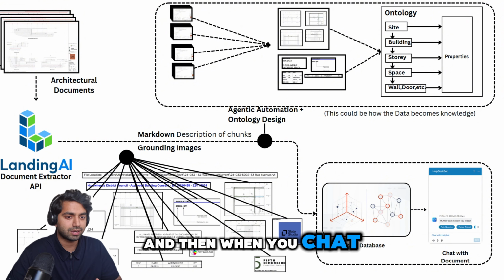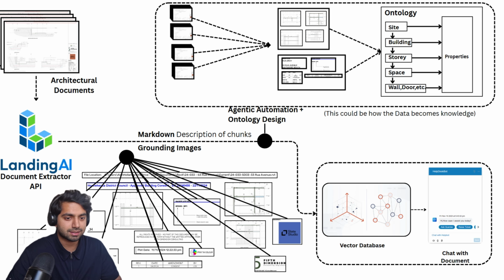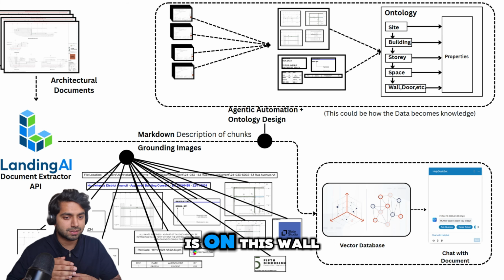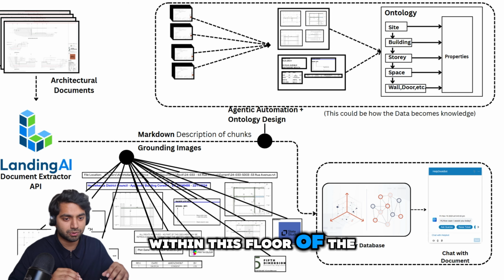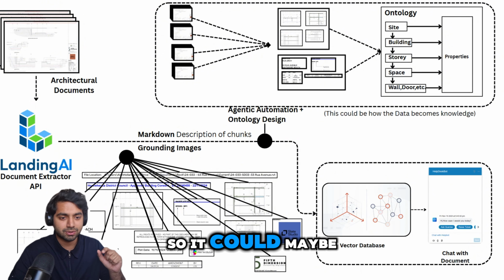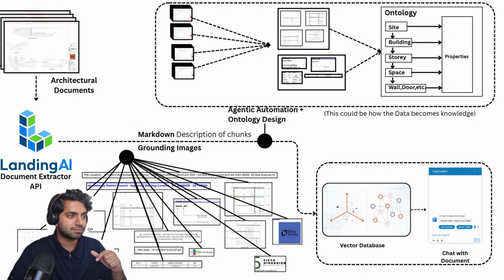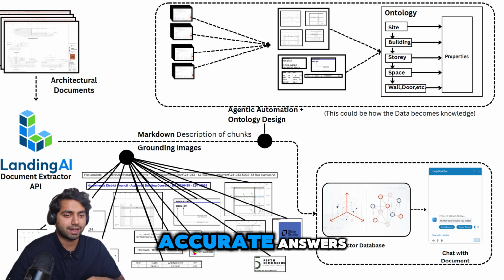Then when you chat with this and ask it a question about a certain element like a door, it is aware that it is on this wall, within the living room, within this floor of the building, and then within this building and on this side. So it could traverse through this path, and give way better and more accurate answers.